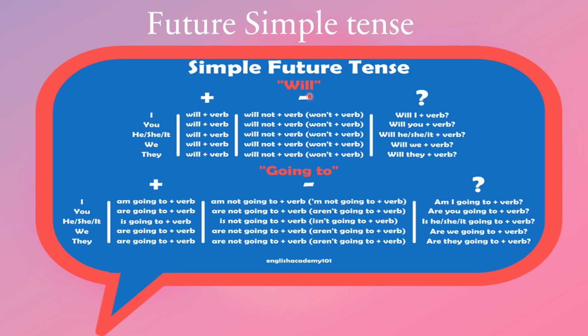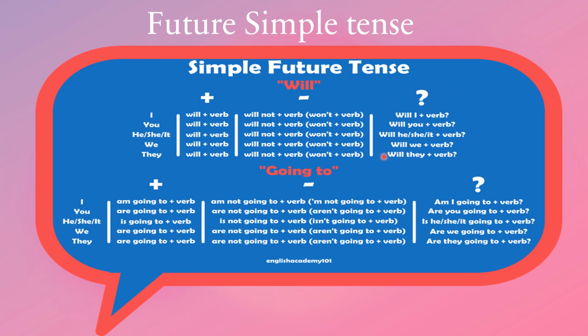Within a negative sentence, it will be your subject will not plus your verb, or your subject won't plus verb. And then within a question sentence, it will be will, your subject, and then plus your verb and question mark. Remember, within a question sentence, use a question mark.